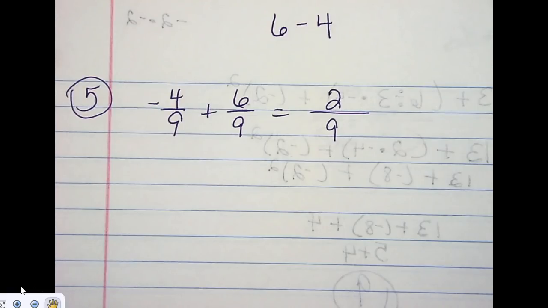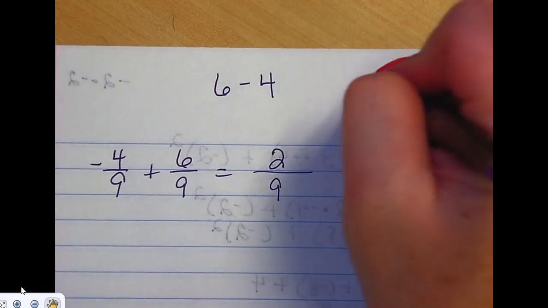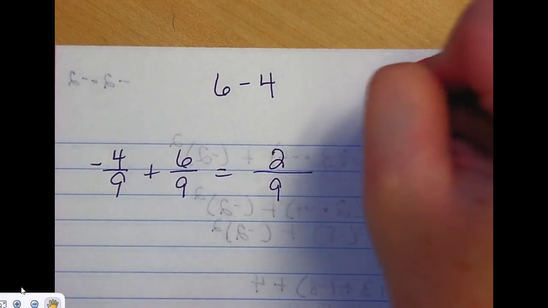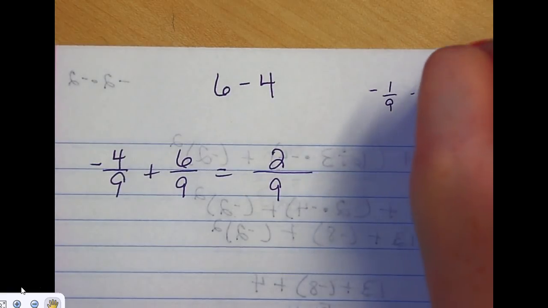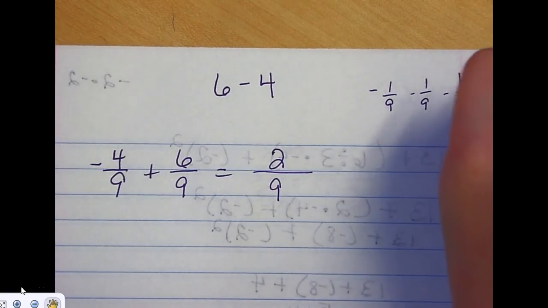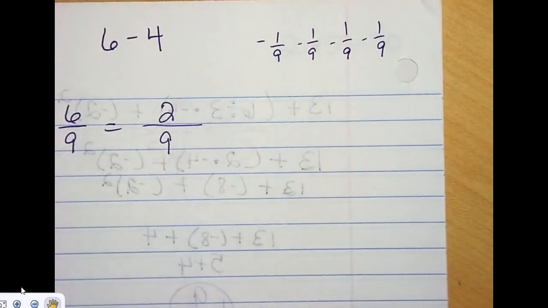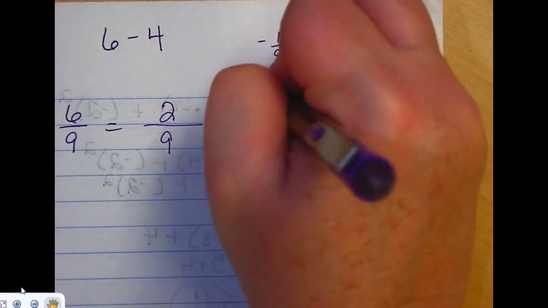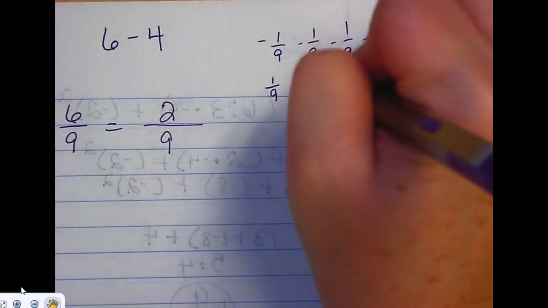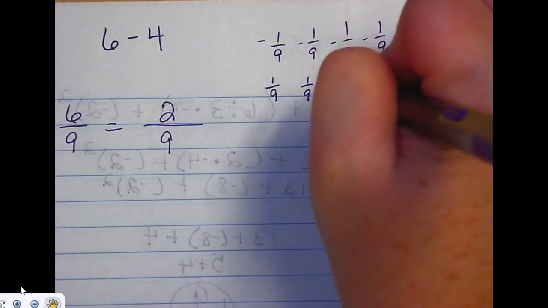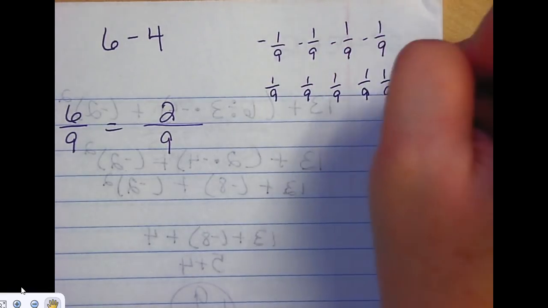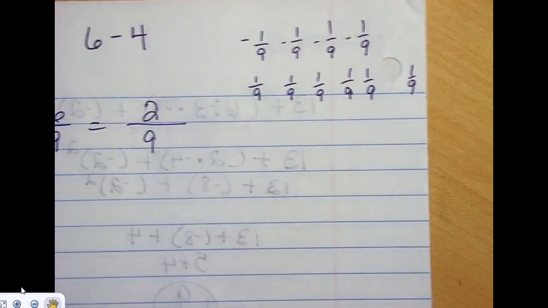There's 4 negative 9ths. Would you agree? Negative 4/9. And then 6 positive 9ths. 1, 2, 3, 4, 5, and we'll put one more down here, 6.